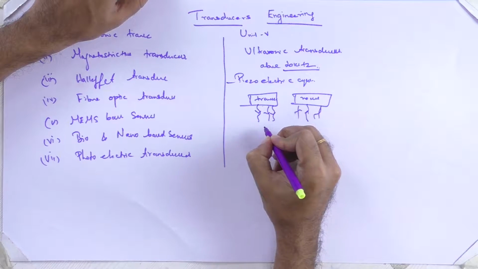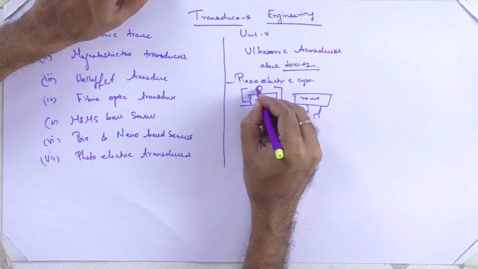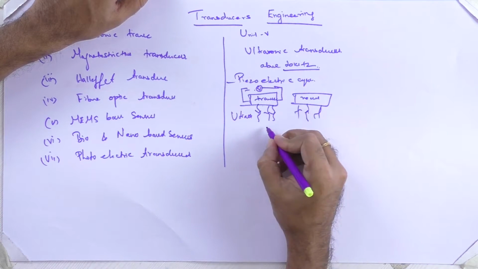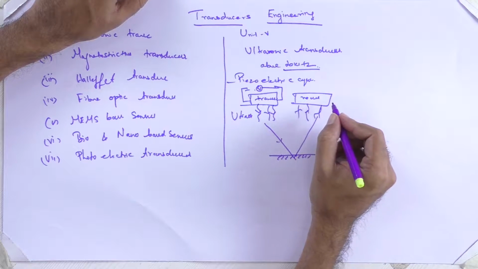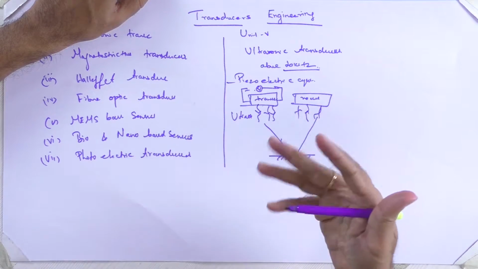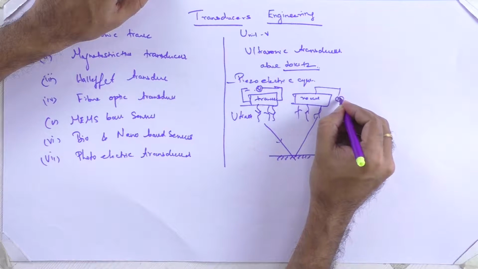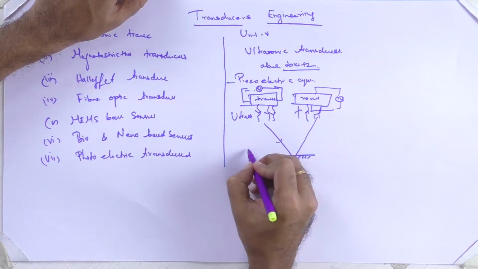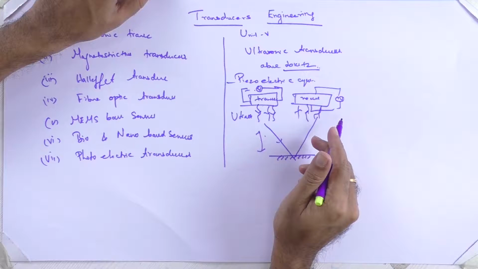The transmitter is the one where we give in the voltage and that is converted to an ultrasonic signal. It comes and hits the obstacle and then returns back, and in the receiving section it is the inverse piezoelectric effect, where the ultrasonic wave is converted to an electrical voltage. Depending upon the nearness of the obstacle, we will get a proportional output.